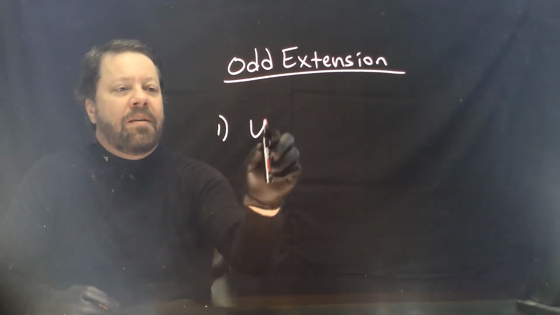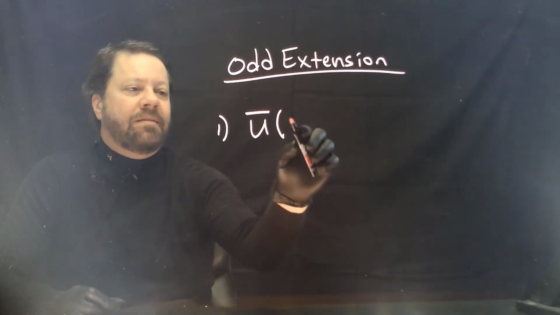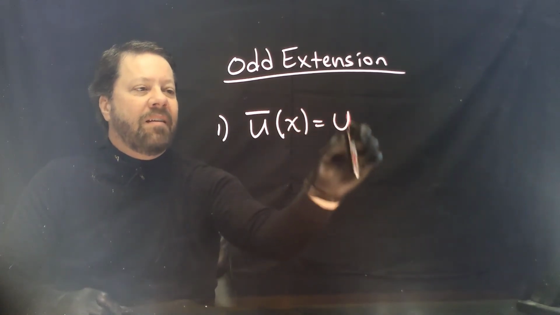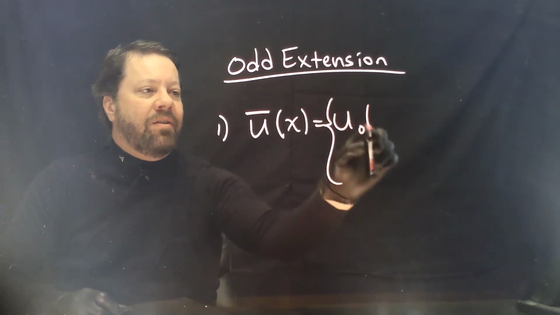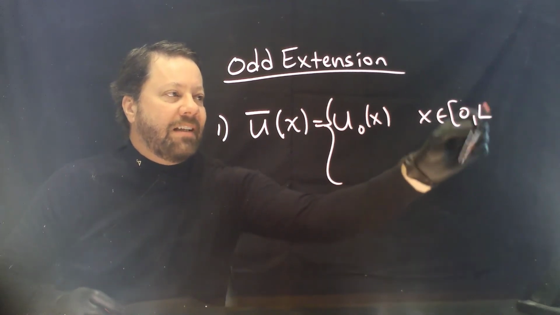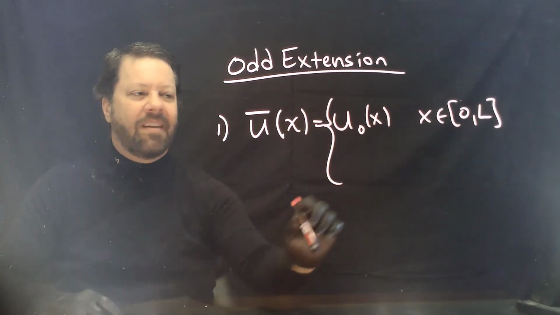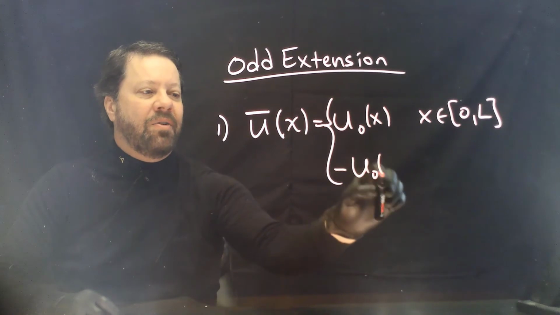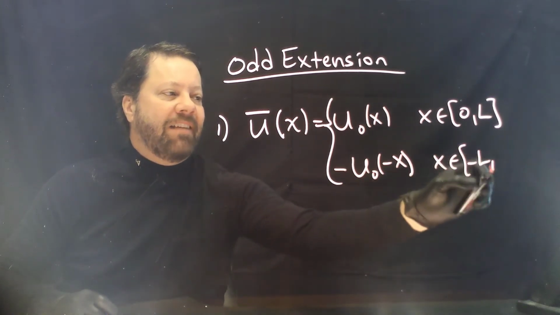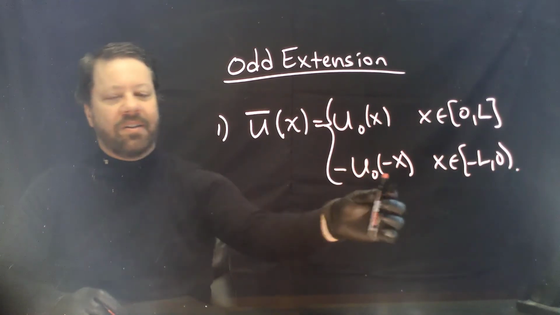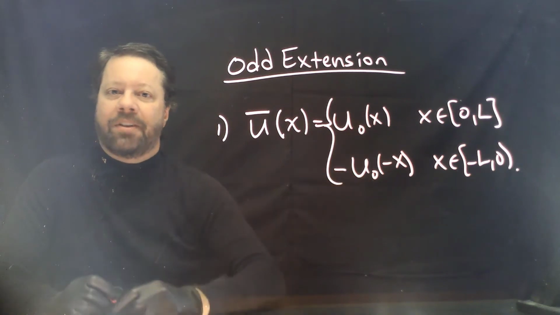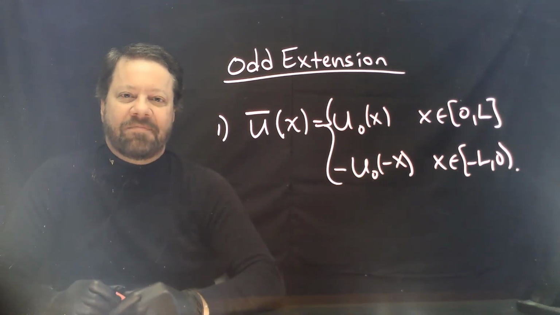First, we'll define u bar of x to be u naught of x, where x lies within the usual interval from 0 to L, but minus u naught of minus x when x lies between negative L and 0. You can see we're making an odd function out of some arbitrary function defined on 0 to L.